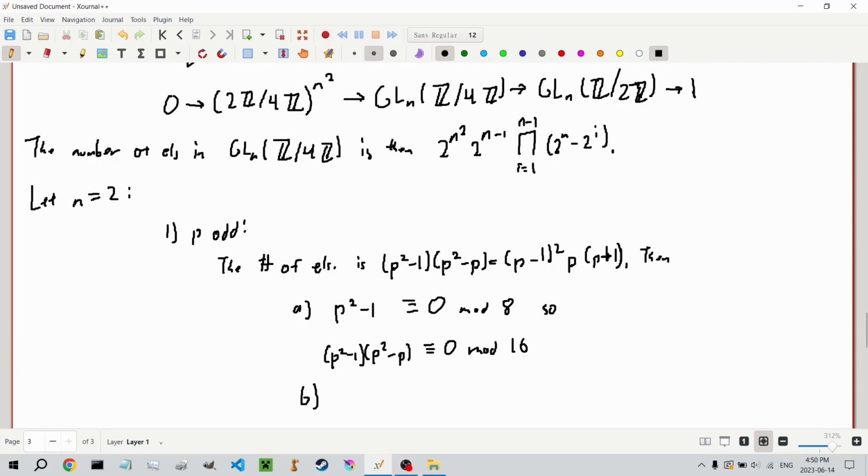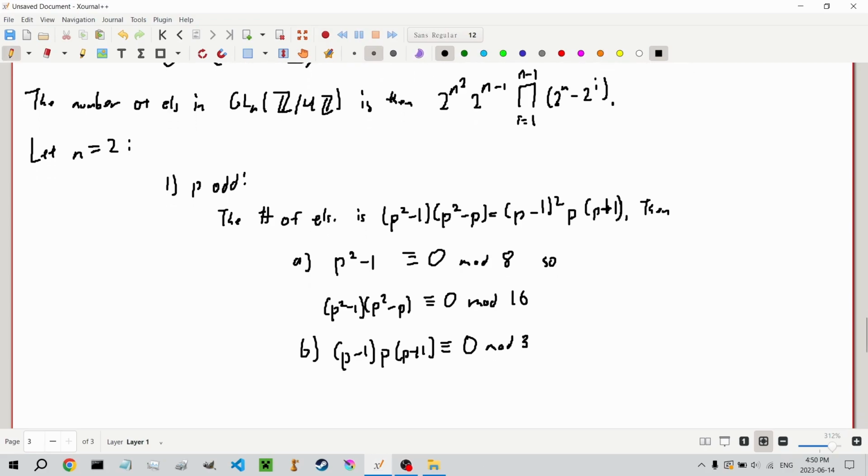And secondly, we have that one of p minus 1, p, and p plus 1 must be divisible by 3, so this is all congruent to 0 mod 3. Thus, we have that the number of elements is congruent to 0 mod 48.